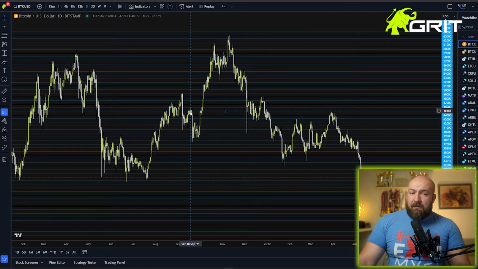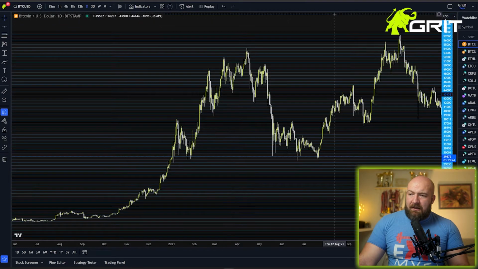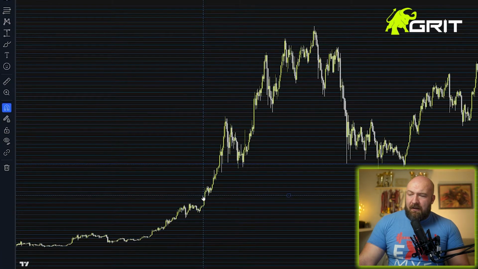So one of the most important factors when you're creating this strategy is to have a sufficient number of grids, but not too many, because if you are using too many grids and we get to a trending market, for example, as we had here, pretty much you would be selling your assets too early. And also, the more buy and sell orders that you have, the more the fees will accumulate over time.